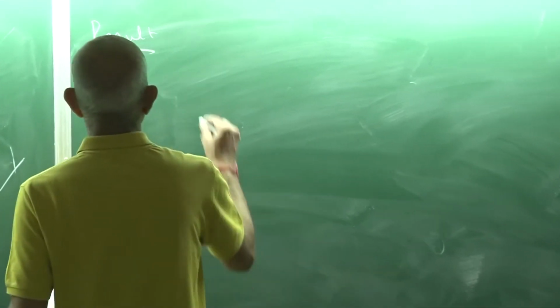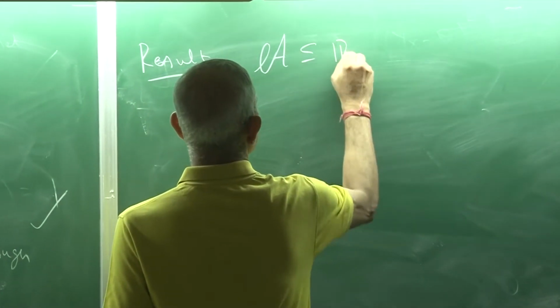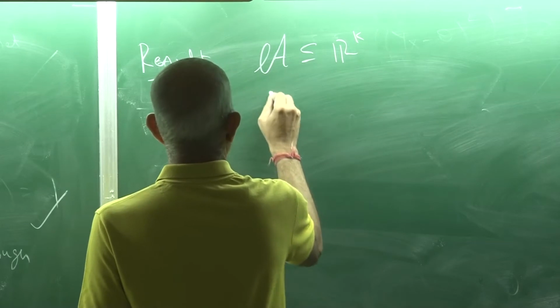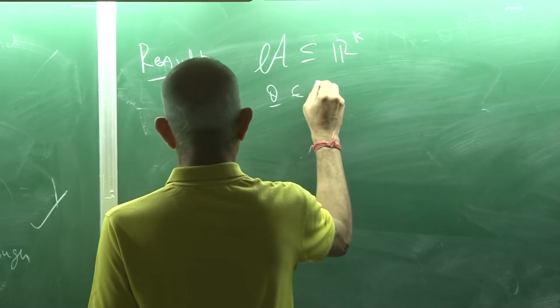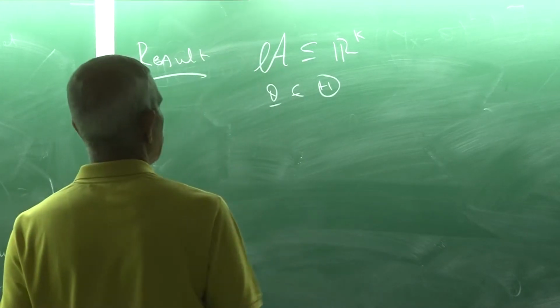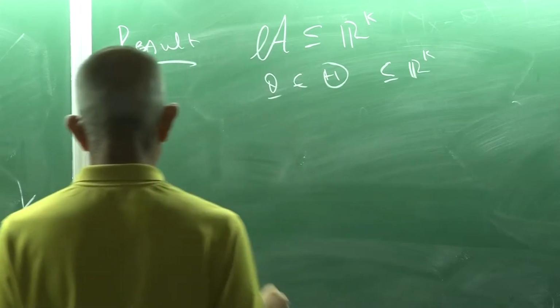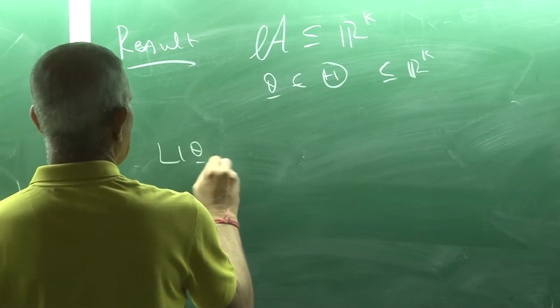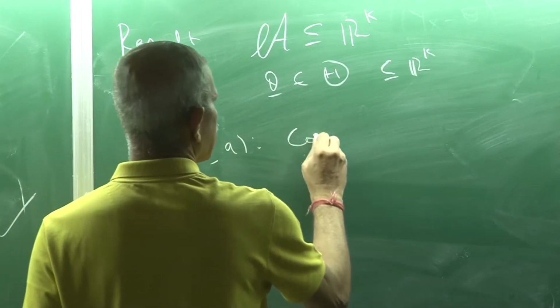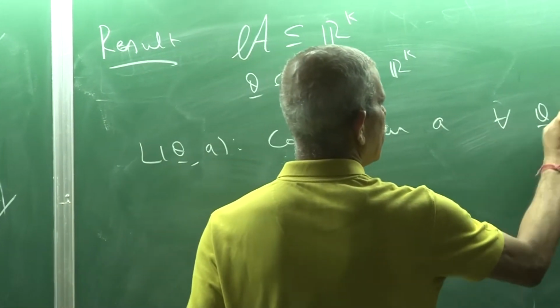So, now let us try to see this result. Suppose A is a subset of R^k, theta belongs to capital Theta, and my loss function L(theta, a) is convex in a for every theta belonging to capital Theta.